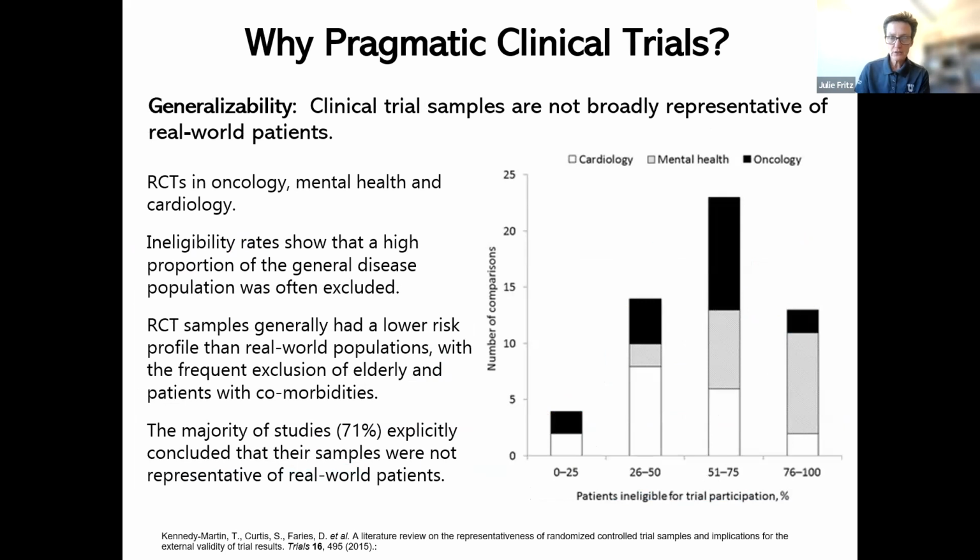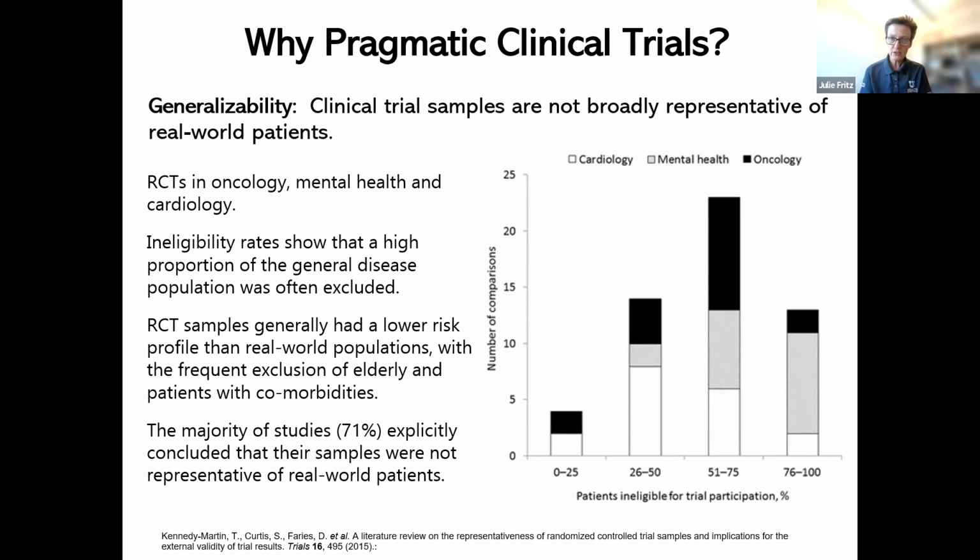In addition, there's concerns in the way that clinical trials are done with respect to generalizability. So the graph that's shown here is from a systematic review of clinical trials done in mental health, cardiology, and oncology, and the percentage of participants that were excluded, potential participants, in these trials.